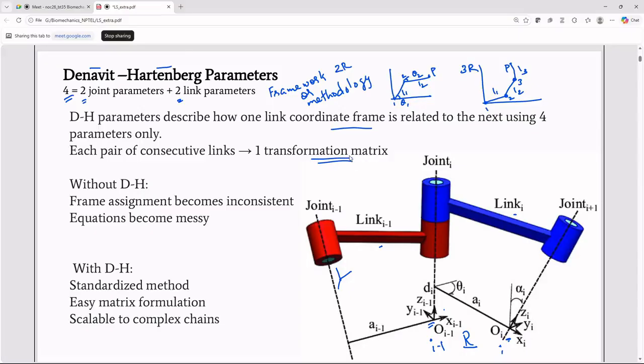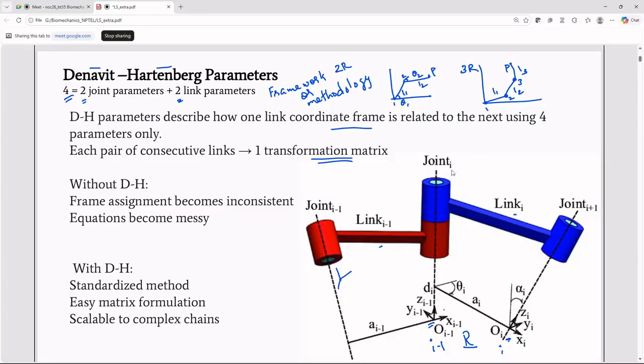We will see what a transformation matrix is. If you have studied some basic computer graphics or multi-body dynamics or something like that, then you can easily understand what a transformation matrix is.